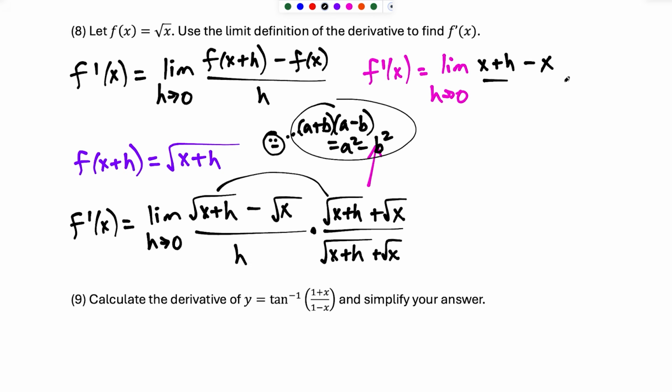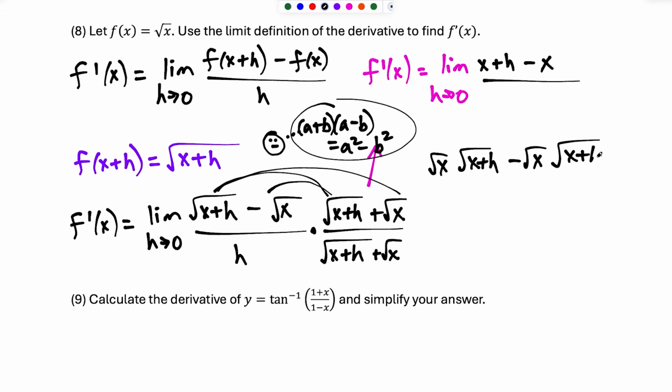Okay, if I show all of the gritty details, then technically what I'm doing is I have radical x times radical x plus h, but then I have minus radical x times radical x plus h. And you see how these terms just cancel out like this? So for that part, I could just skip that algebra. I'll just write out the first term squared minus the second term squared. Okay, so these little algebra tricks are really helpful to know for calculus.